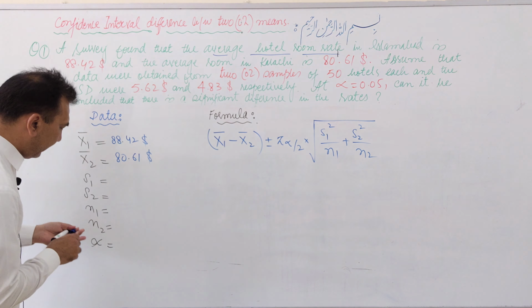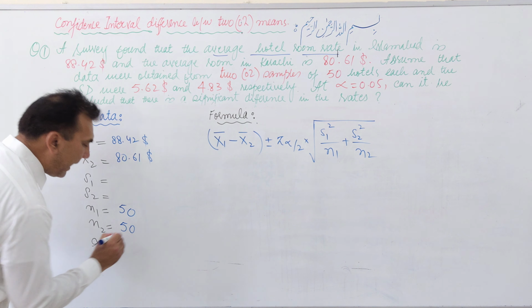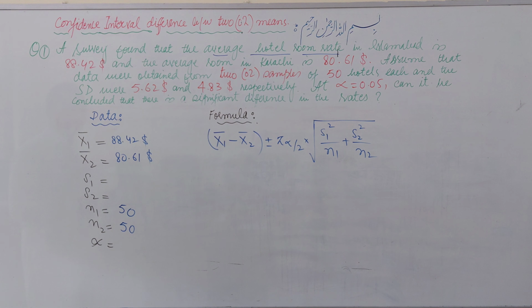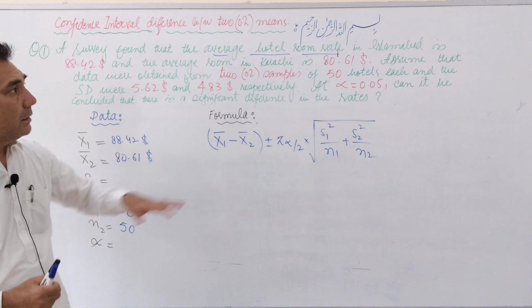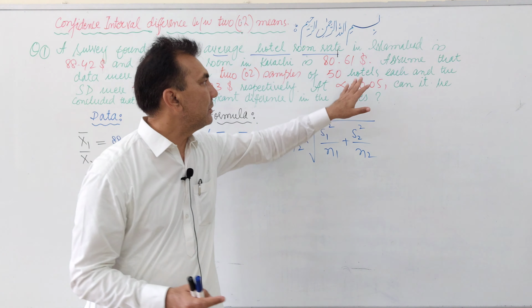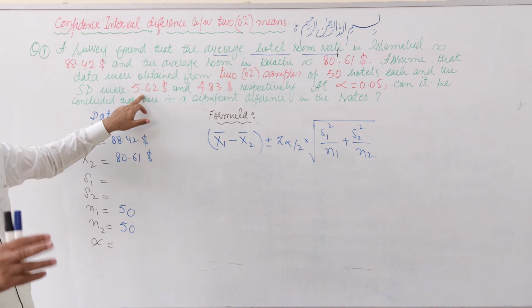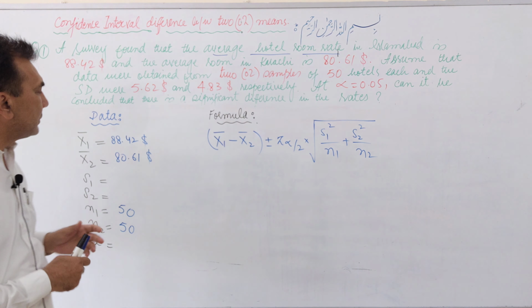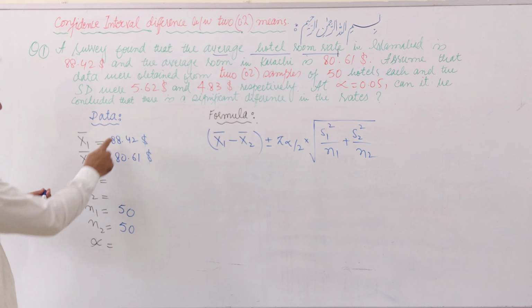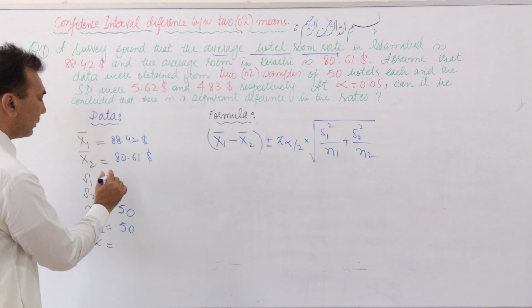So 50 is n1 and 50 is n2. After selecting the hotels, the standard deviation was found for the Islamabad average room rate.